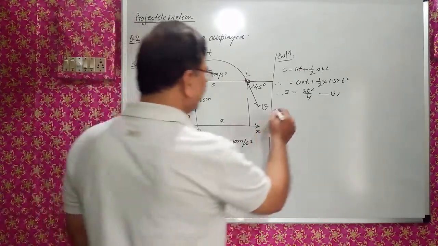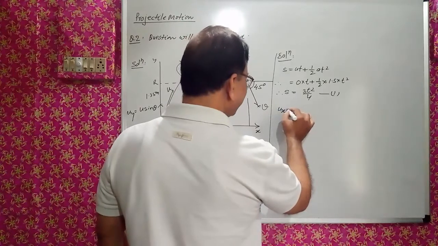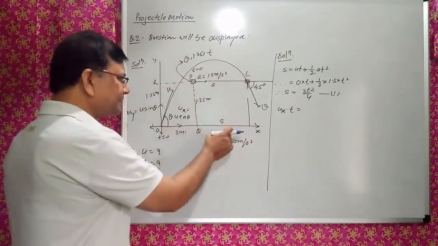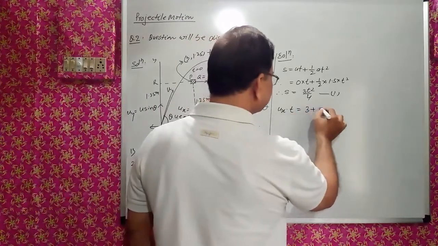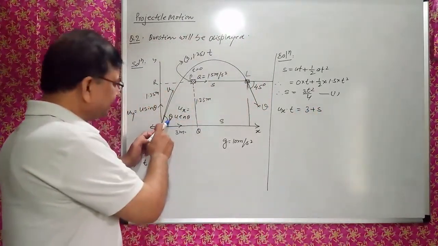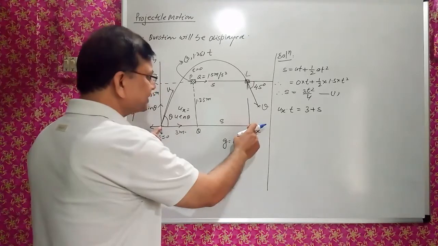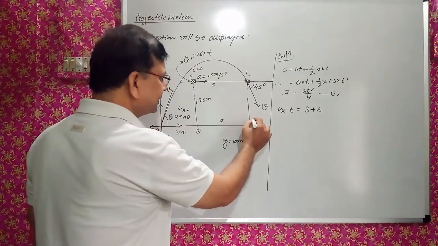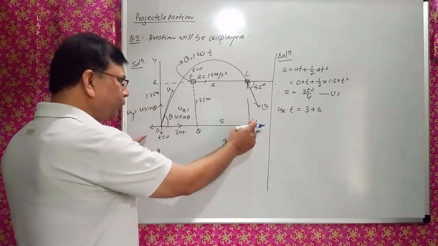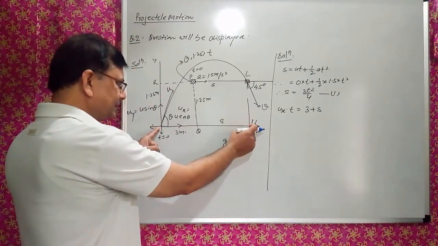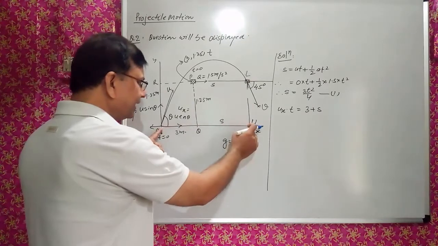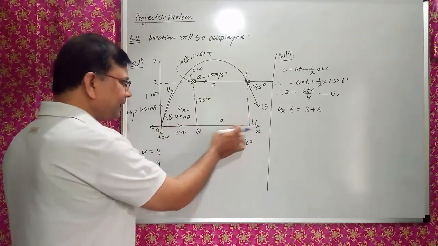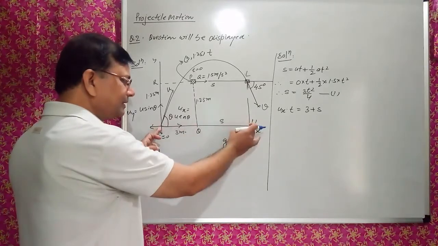So we can write ux into t is equal to 3 plus S, because the projectile moves the horizontal distance OU, and 3 plus S is the total horizontal distance moved.